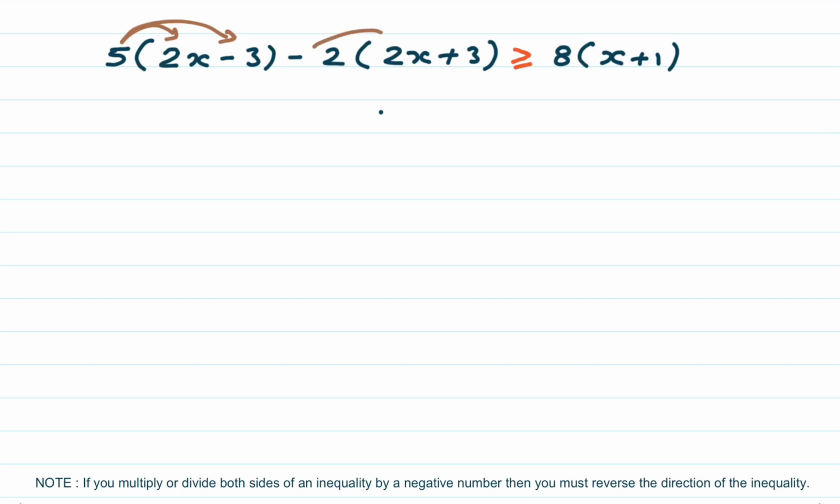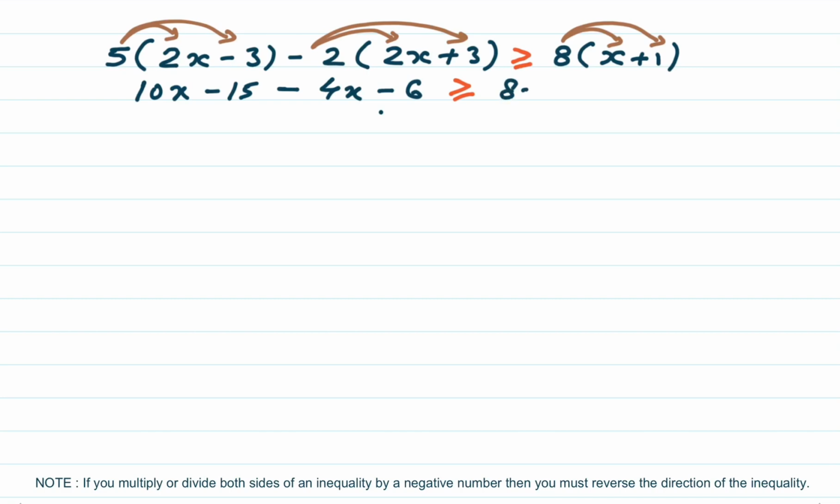Similarly, negative 2 needs to be multiplied with 2x and also with positive 3. 8 multiplied to x and 8 multiplied to positive 1, which gives me 10x minus 15 minus 4x minus 6 greater than or equal to 8x plus 8.